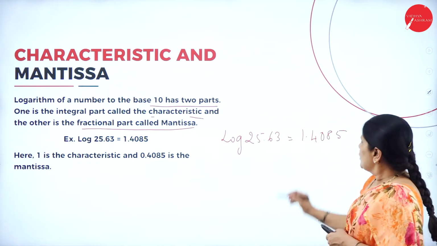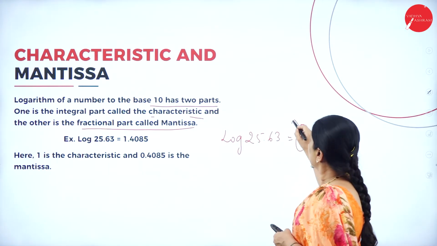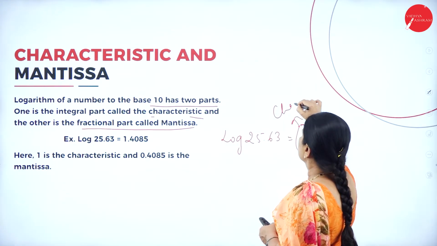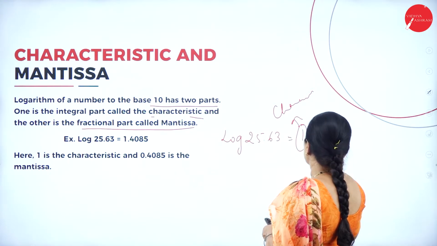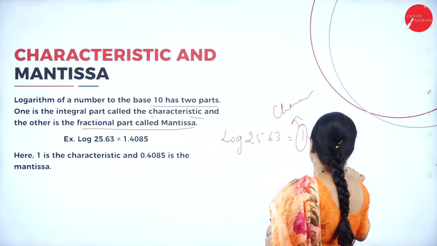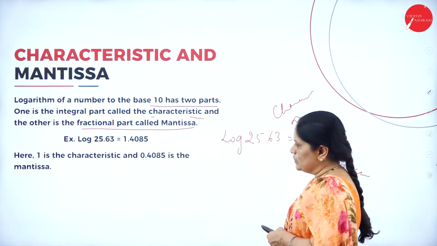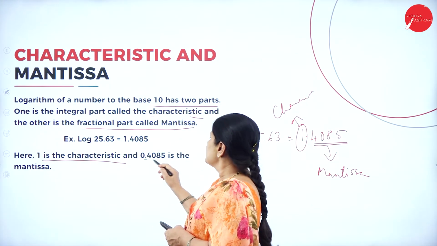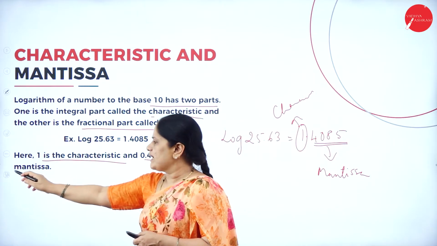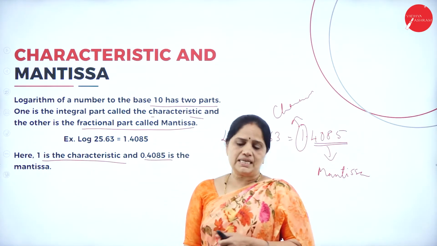Now, this 1 we call the characteristic, and this decimal part we call the mantissa. So here 1 is the characteristic and 0.4085 is called the mantissa.